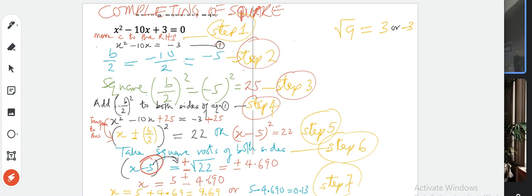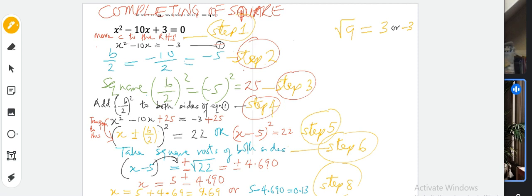We take minus 5 to the other side. We have 5 plus or minus 4.69. Then you do 5 plus 4.69, which gives 9.69, or 5 minus 4.69, which gives 0.31. All right, this looks like step 8.